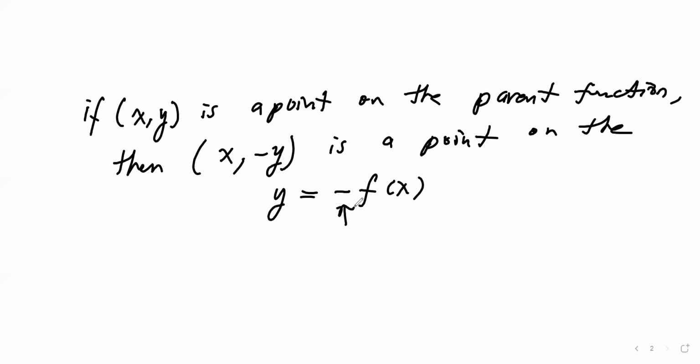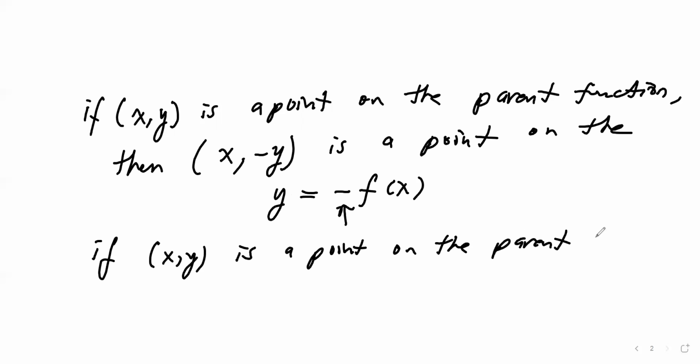The other one is, again, if (x, y) is a point on the parent function, then x is going to change the sign.